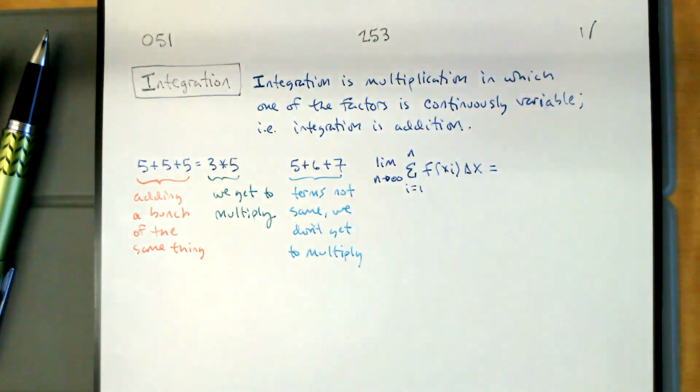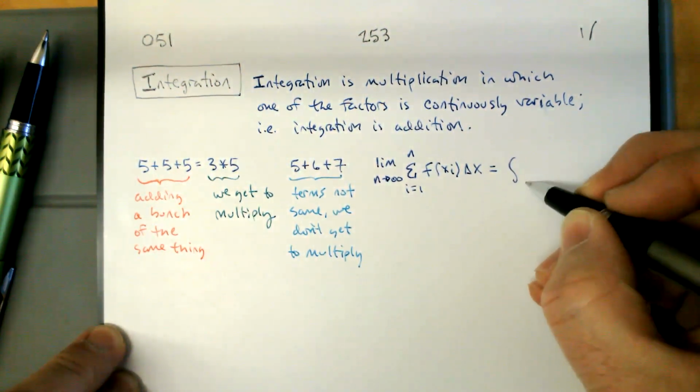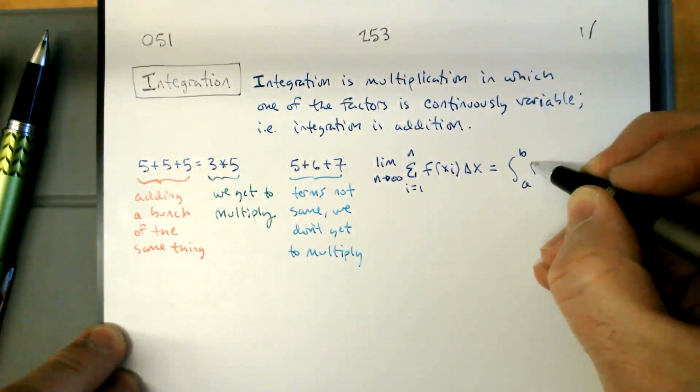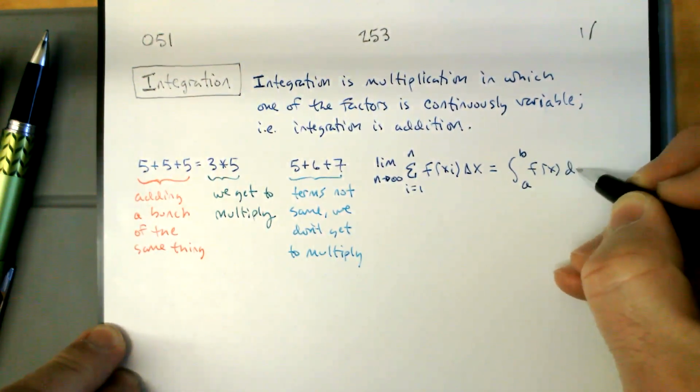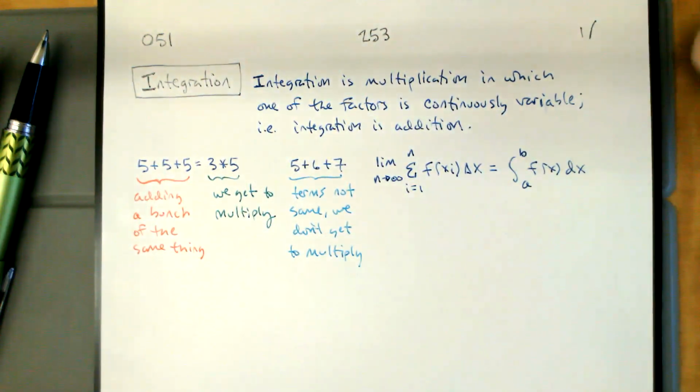And that should give us our continuous sum, which we represent with a definite integral. So we model our continuous sum with the discrete sum in the Riemann sum, and then let the number of terms go to infinity.